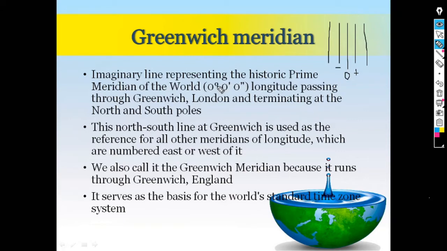For 60 seconds it becomes 1 minute, and for 60 minutes it becomes 1 degree. For latitude and longitude we count in degrees, minutes and seconds.